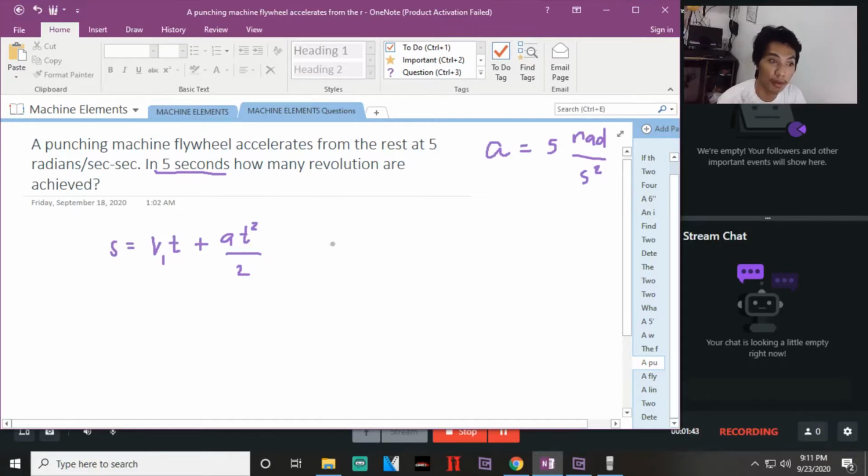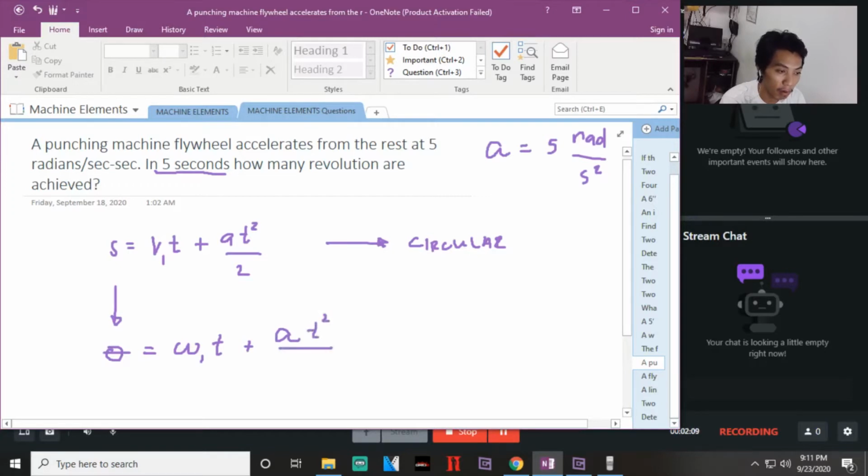So, in circular motion, yung S natin will be magiging theta, yung Vi natin, omega 1, ganun pa rin yung time, plus yung a, magiging angular acceleration alpha, and then t squared over 2. Sabi dito, accelerates from rest, so this will be 0.